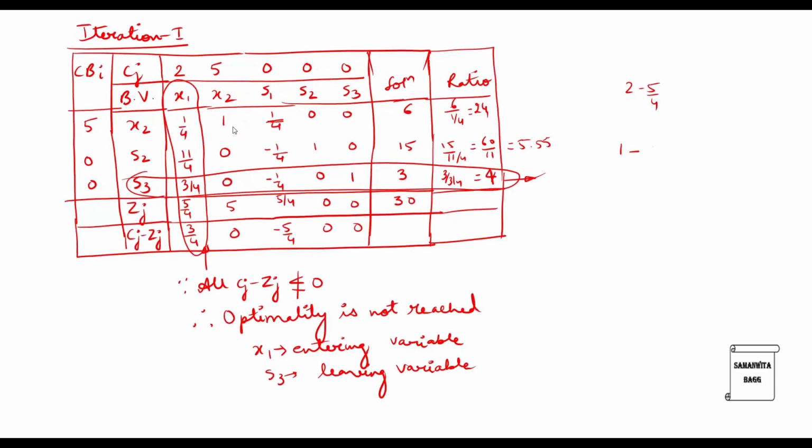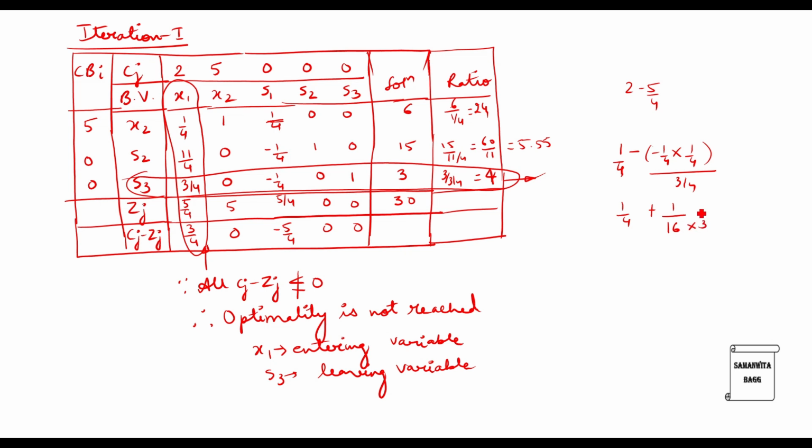The next one I'll show you then. This is 1 by 4. So 1 by 4 minus 1 by 4 into 1 by 4 divided by 3 by 4. So this is 1 by 4 minus plus 1 by 16.